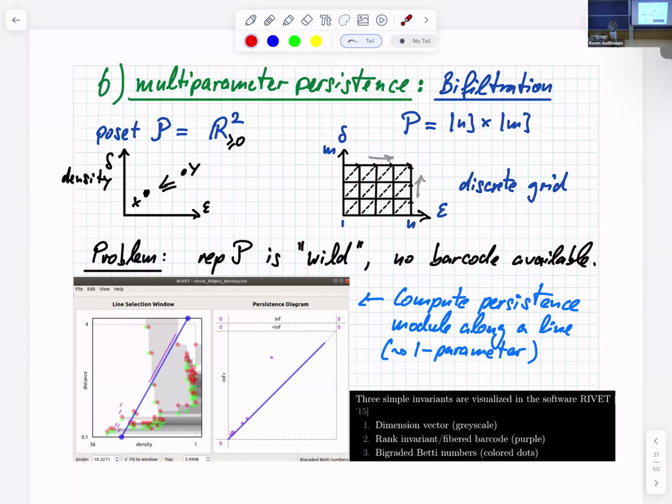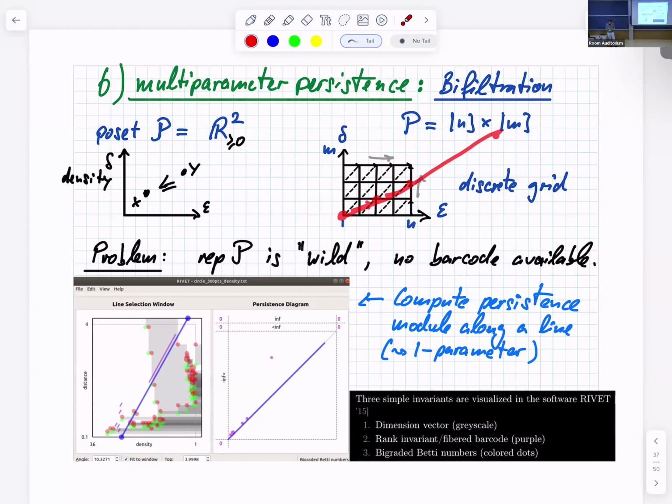So you could just fix along vertical or horizontal lines doing one parameter persistence theory. You get some information. That's okay. You could even give yourself a line of a fixed slope. So I go from here to here, then I go from here to here. So I fix one line of fixed slope through that grid.